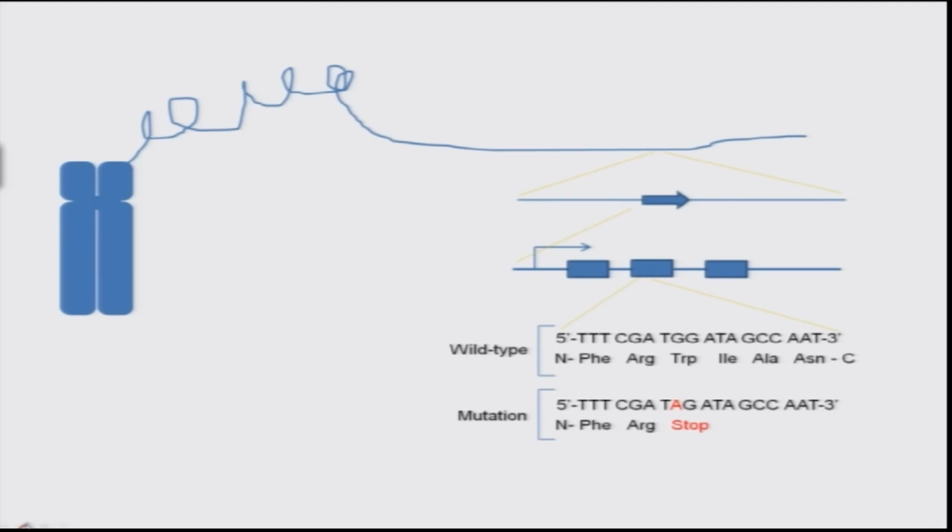The point mutation is a change in a particular base, for example here the G got changed to A. As a result, the amino acid that should be coded is not being coded, but rather the synthesis of protein is stopped because now the TAG represents a stop codon.